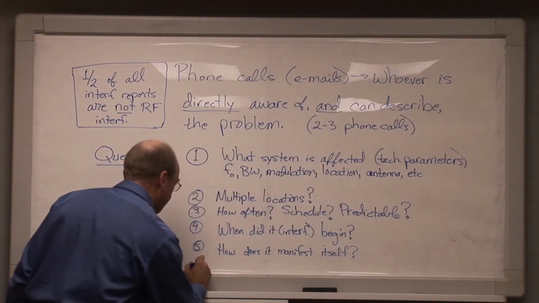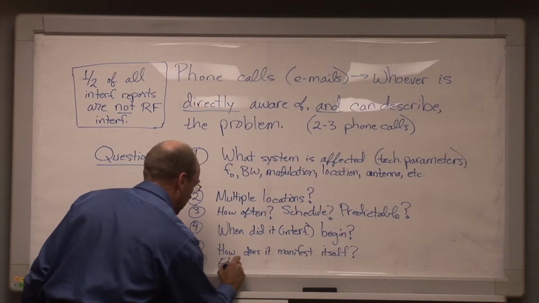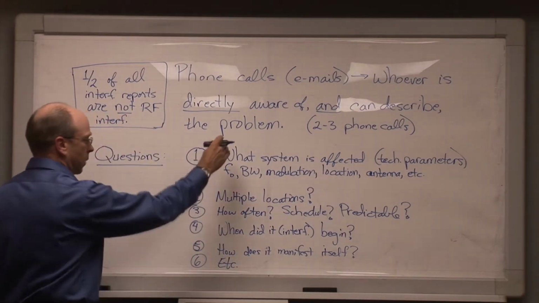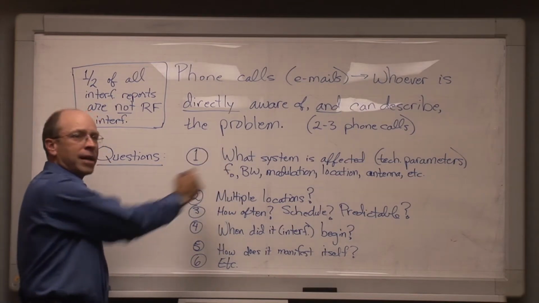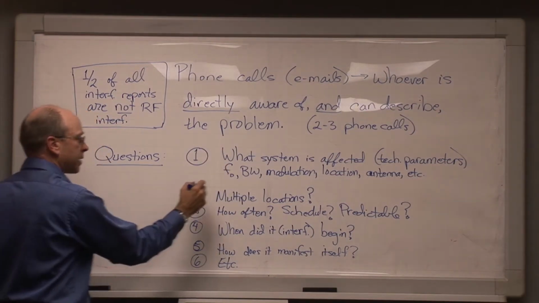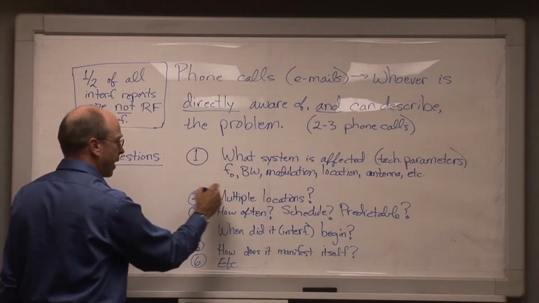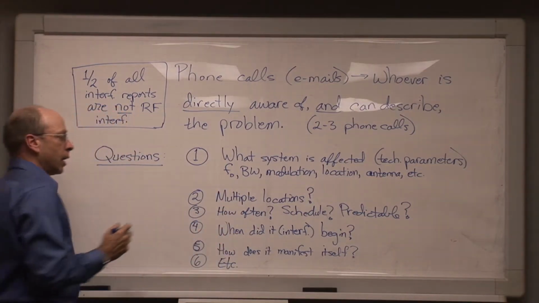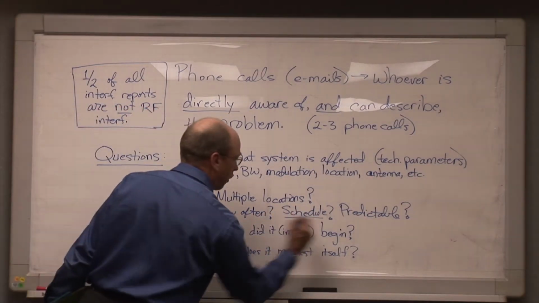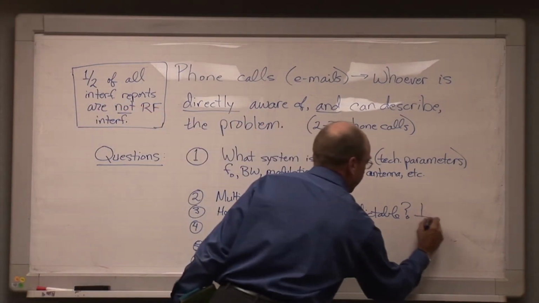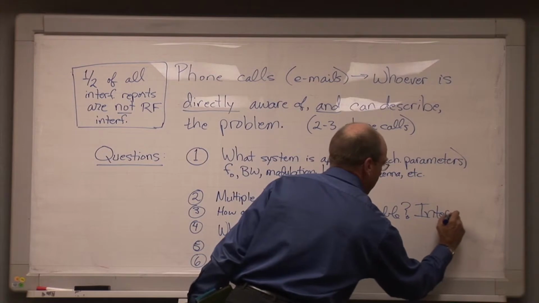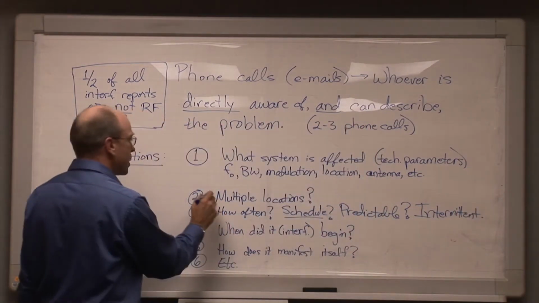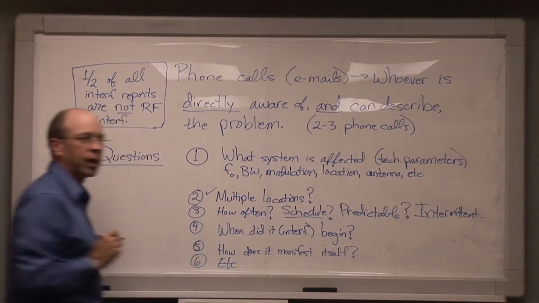And I'm going to write etc. here because at this point, by the time you've asked these questions, hopefully you're basically working yourself down a mental tree that says I'm going to try to home in on what might be going on here, based upon whether it comes up all the time or whether it's a very intermittent problem, based on whether they're seeing it one place or they're seeing it lots of places.